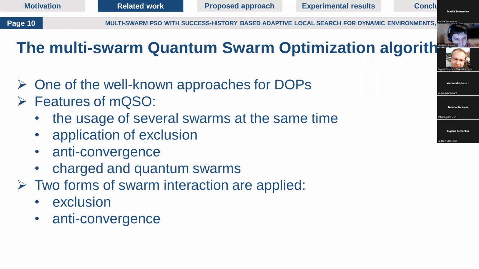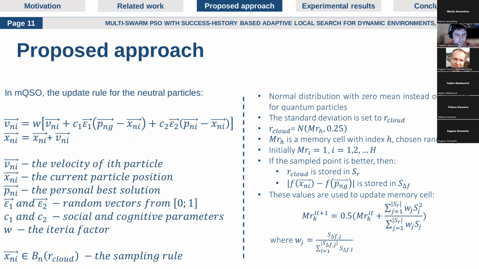Then anti-convergence: if several swarms are at the same peak, then one of them is excluded and generated again. And also there is a local search with so-called quantum particles or charged particles. Yeah, so let's dig into more detail with MQSO.